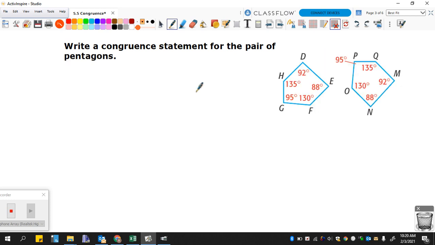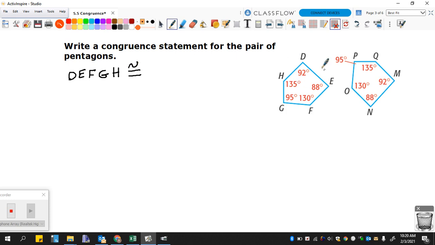Here it says write a congruence statement for the pair of pentagons. I usually go in alphabetical order, so it's D, E, F, G, and H is congruent to.